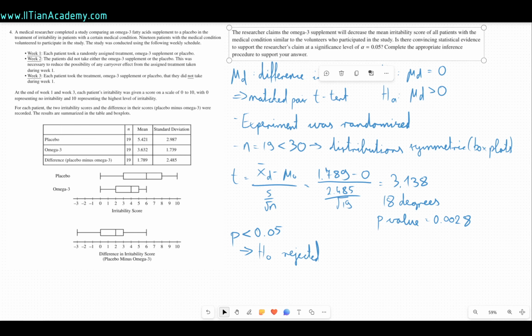If we reject this, that means that there is a significant difference, which means that the omega-3 fatty acids are helpful in reducing irritability for people with this specific medical condition.